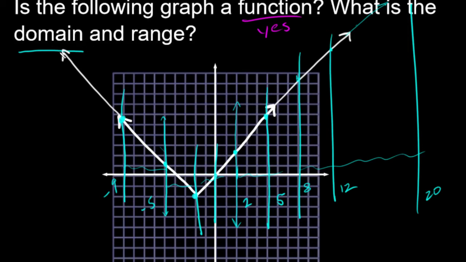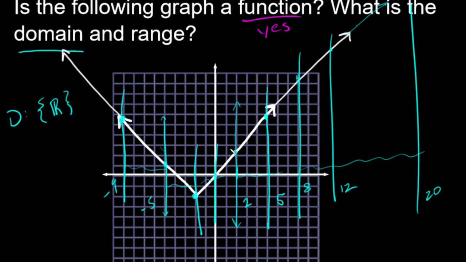So your domain would be the set of all real numbers. And real numbers has a shorthand, and it looks like this. It is like this double R where you've got two lines and it makes an R. That is our abbreviation for real numbers. So all of the x values are part of our domain.